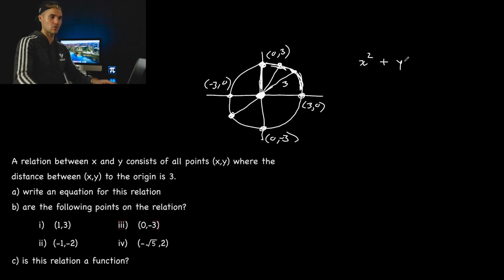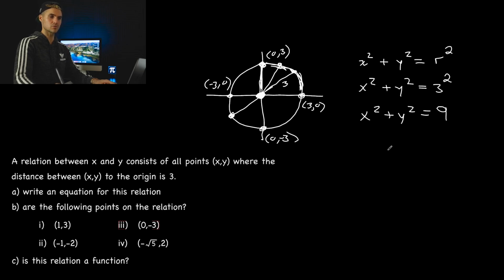In general, the equation for a circle centered at the origin is x squared plus y squared equals r squared, the radius squared. The radius is 3 in this case, so the equation is x squared plus y squared equals 9.